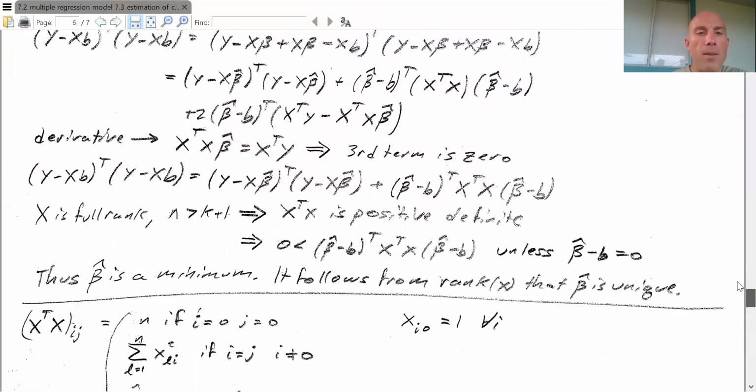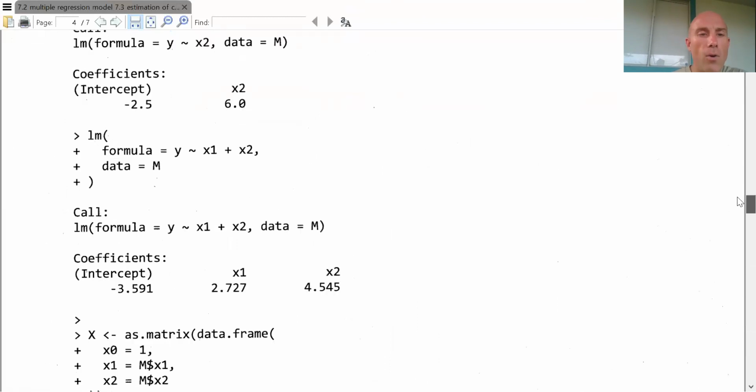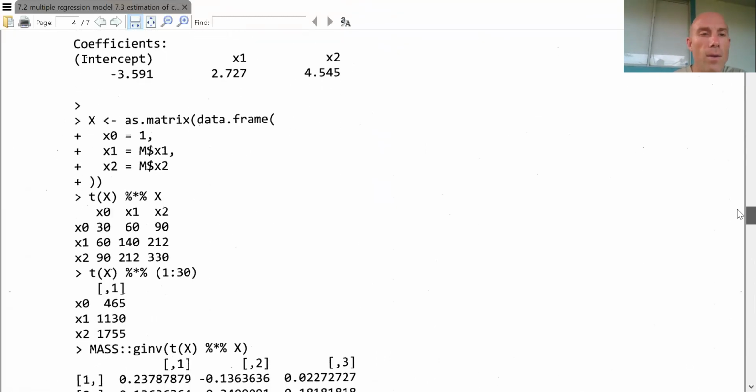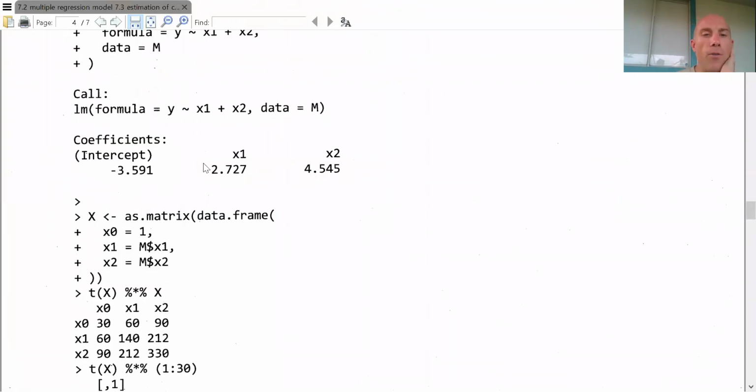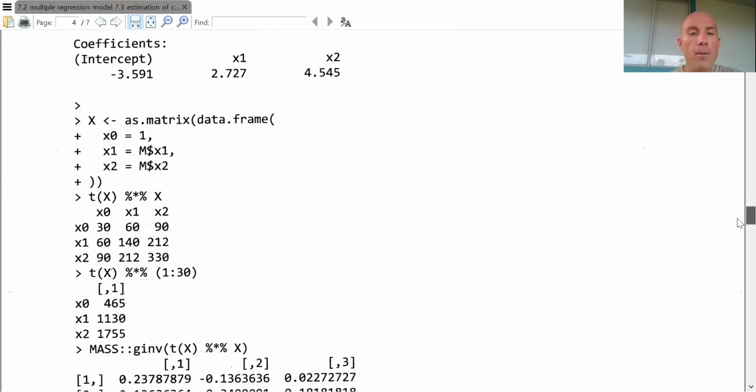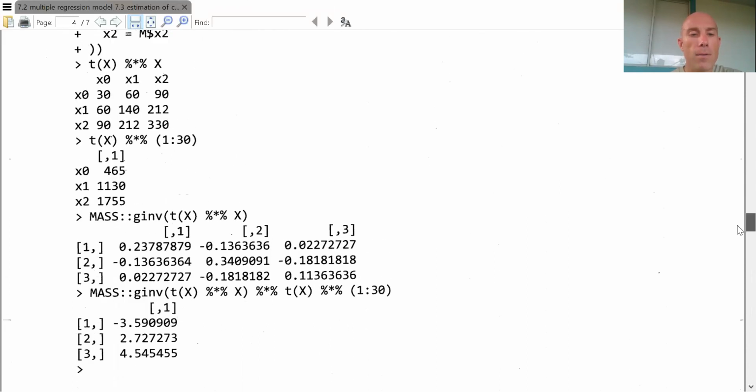All right, now I want to go back to the computation I started earlier. So here, I want you to pay attention to these coefficients. Now, my data matrix that I just created, when I tack on a constant column of ones, and then I have the x1 and the x2 vectors, and I call that x, so that's what I've got here. If I go through and I use these formulas, I'll end up getting negative 3.59.